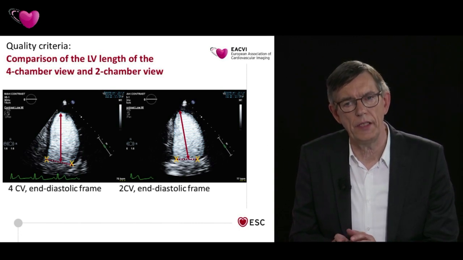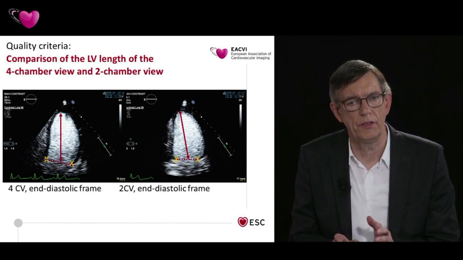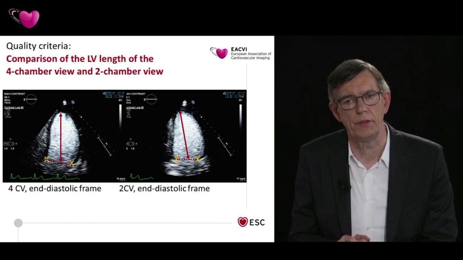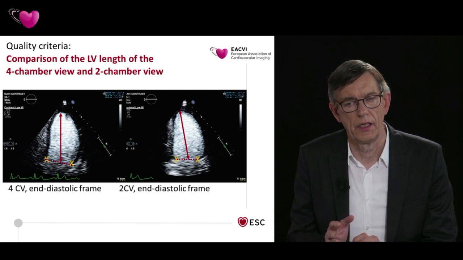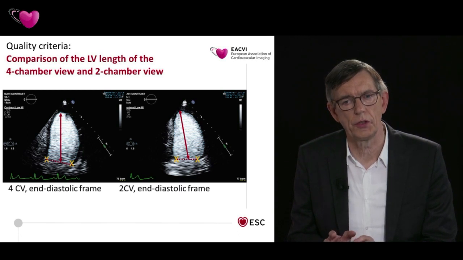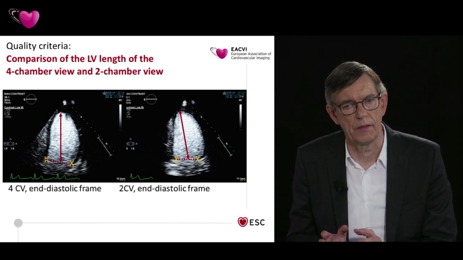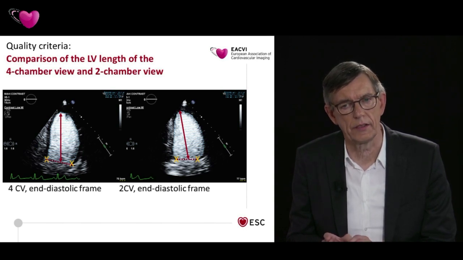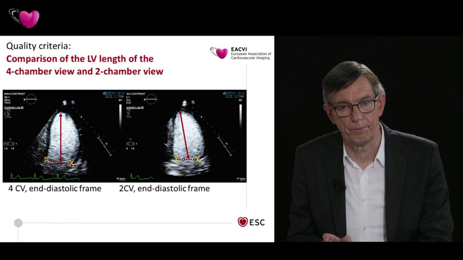When you have a major difference in the length between the four-chamber and the two-chamber view, then the view with the shorter length is probably foreshortened. And there is good evidence that using foreshortened views falsifies our results and gives, in the end, incorrect EF measurements.